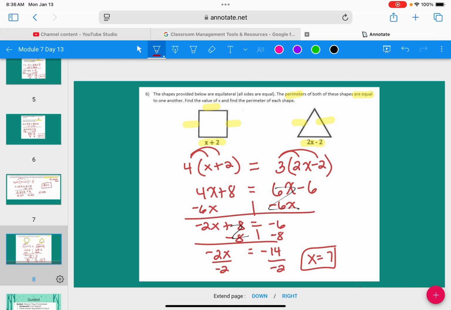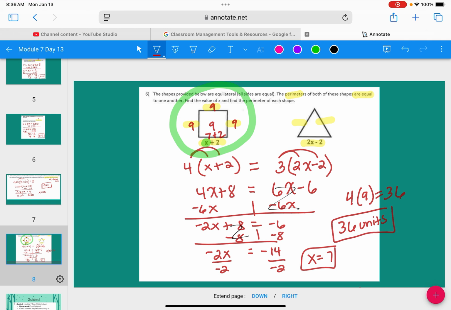So if you come back to our square up here, right? So if we're looking at this square, I am going to replace the x with the number 7. So 7 plus 2 is 9. That means that all 4 sides here are 9. So I would do 4 times 9. 4 times 9 is 36. So that means my perimeter is 36 units.